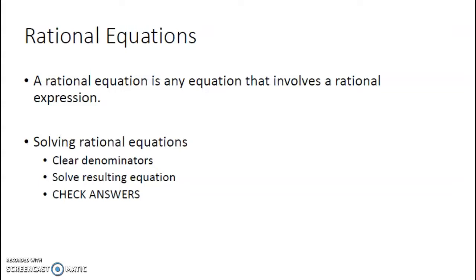The equation that you get after you clear the denominators might be linear, or it might be some polynomial equation. Whatever type of equation you get, you will solve using an appropriate method. Then you have to check your answers. And when I say check, I don't mean just check to make sure that you've gone through the process of solving correctly, but to check to make sure that your answer agrees with the domain.